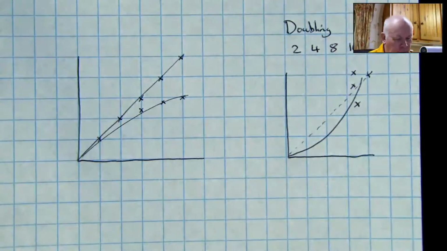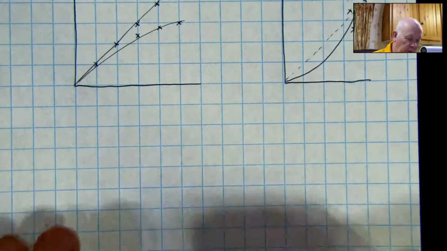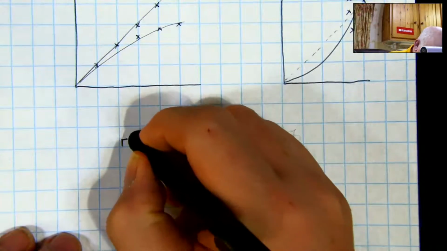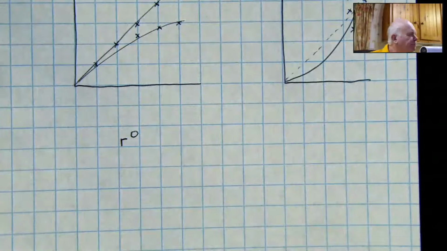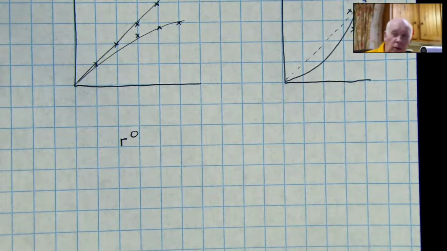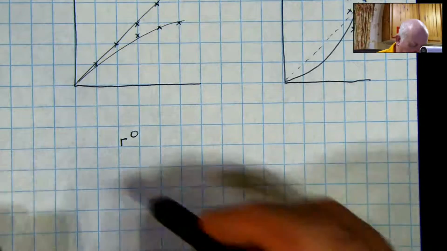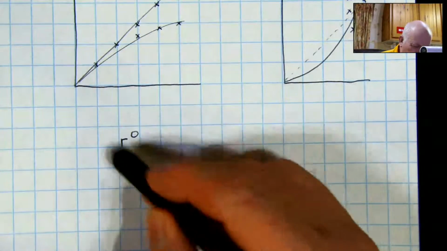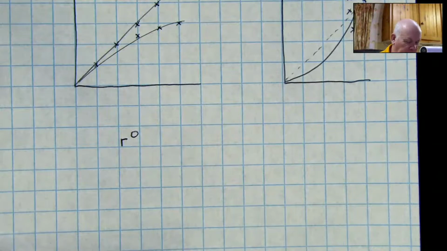When we look at viruses growing, we look at something called R0. R0 works for viruses, it works for bacteria. And what we're looking at is how many people this one person can infect.